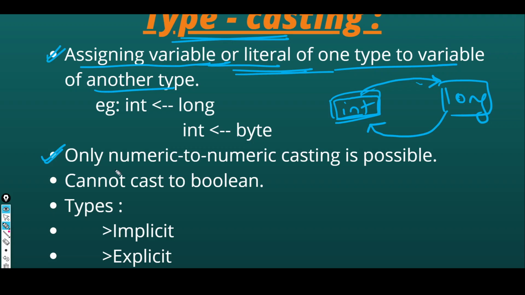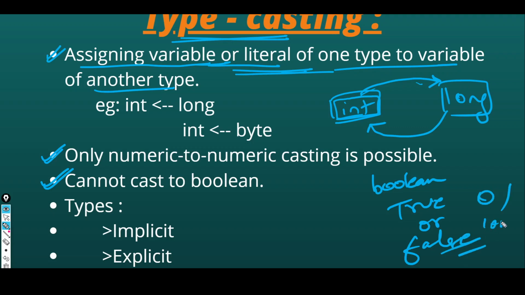This point says that only numeric to numeric casting is possible, which means we cannot cast to boolean. The reason is that boolean can only have true or false, so we cannot have other values like 0, 1, 1000 or any such.